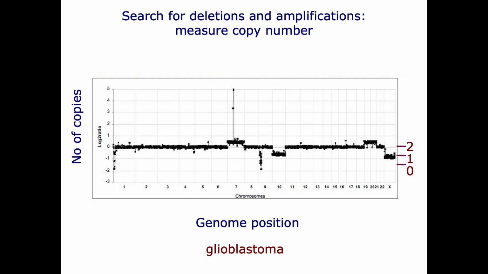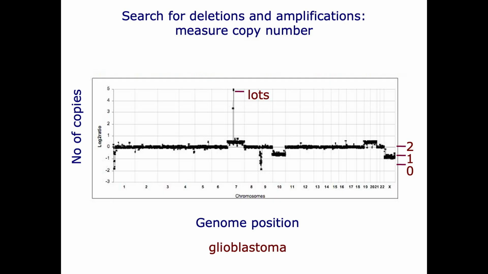Part of the genome is present in only 1 copy and appears a little bit lower on the vertical axis. And there are even bits of the genome that are present in 0 copies. The reason that the X chromosome is present in only 1 copy is, of course, this is a male cell line being compared to a normal female.